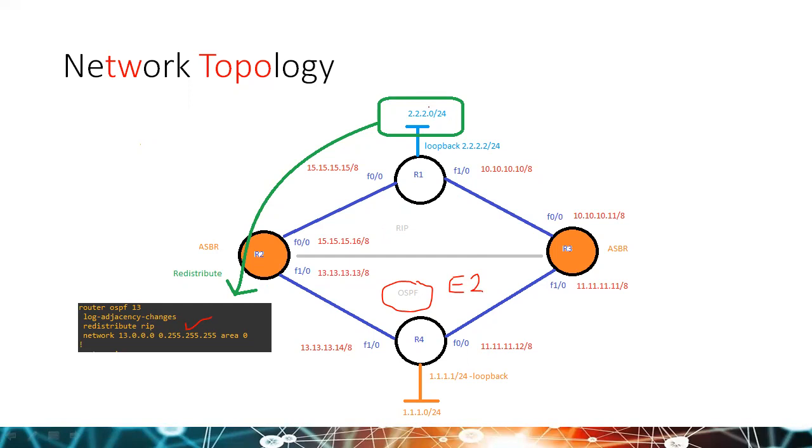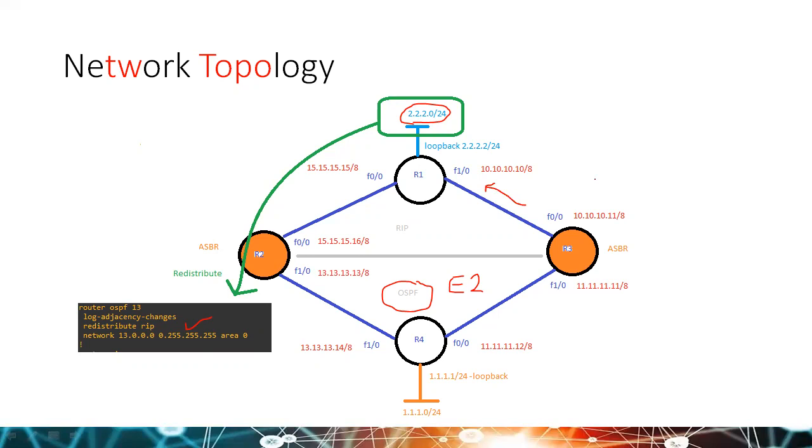So 2.2.2.0 is redistributed into OSPF, and now comes the most important aspect I would like to explain. As I mentioned, R3 before redistribution can reach 2.2.2.0 via RIP.